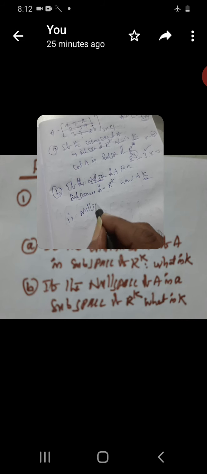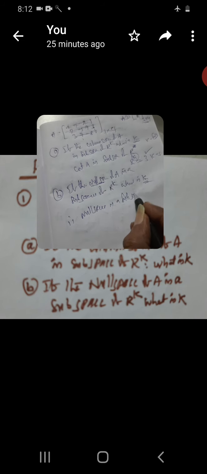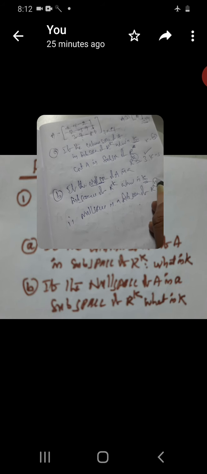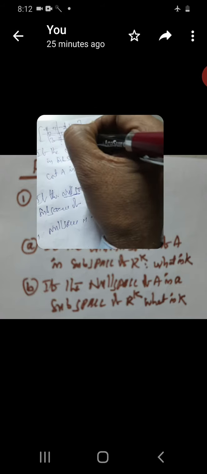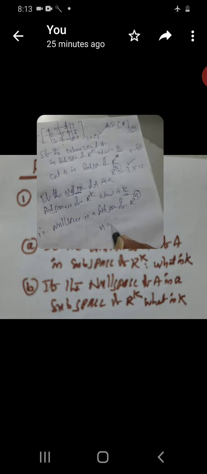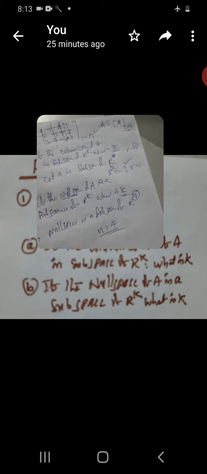The null space is a subspace of R power n. What is n in the matrix? n is the number of columns. The number of columns is 4. Here n is equal to 4. This is the problem.